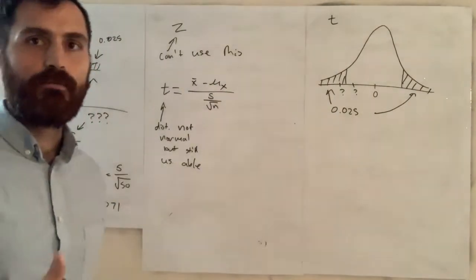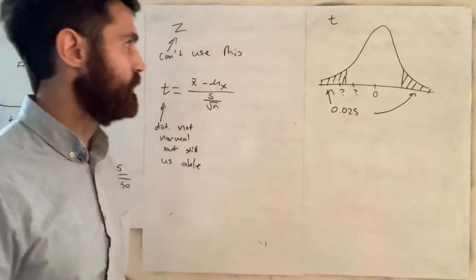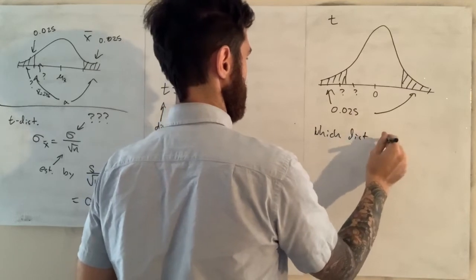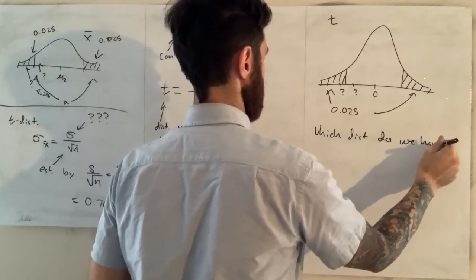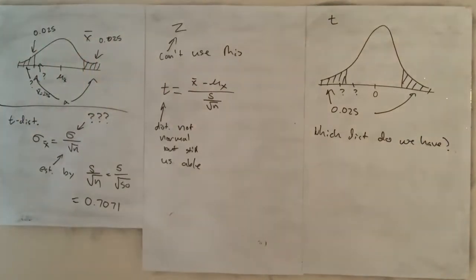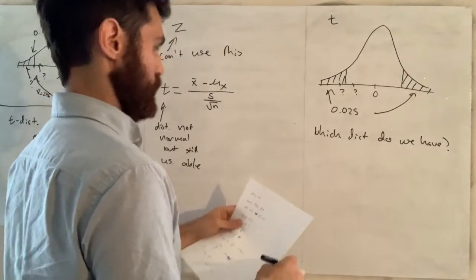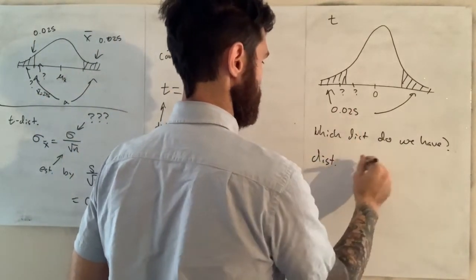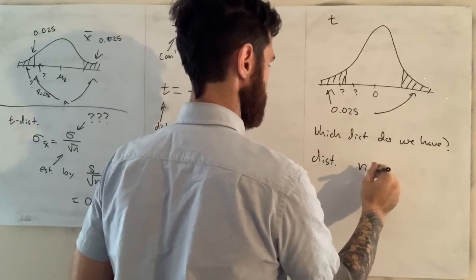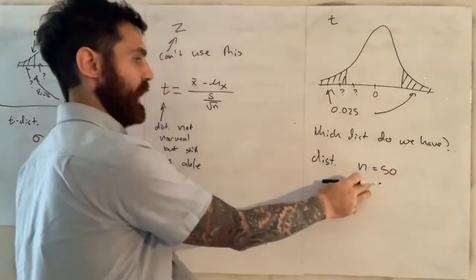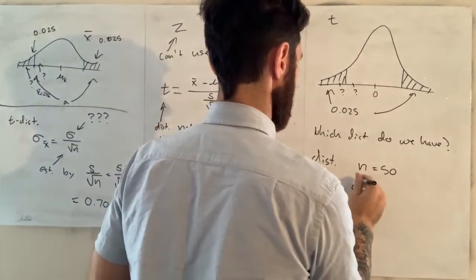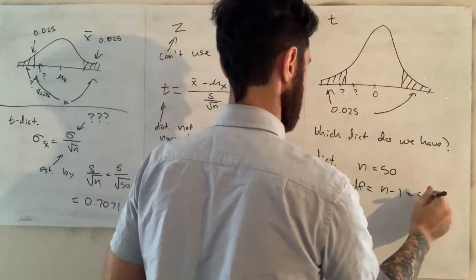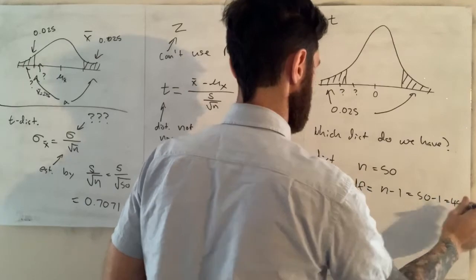All right. So what do we have to do? We have to figure out what t distribution we're working with. Which distribution do we have? Well, our distribution is going to be determined by your sample size. The distribution for n equals 50 is going to be, well, the degrees of freedom are going to be n minus 1, or 50 minus 1, which is 49.